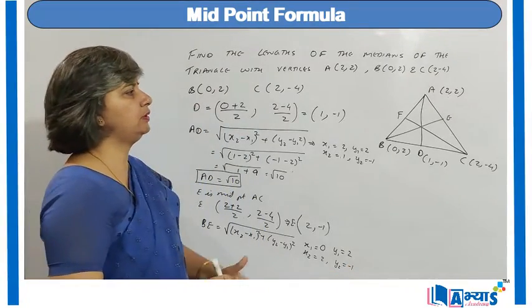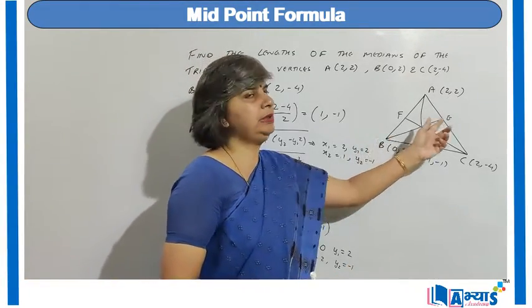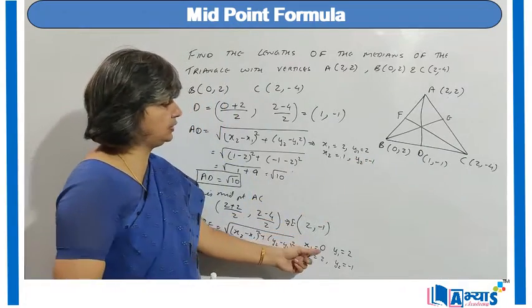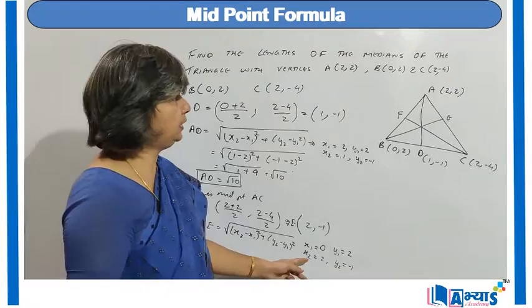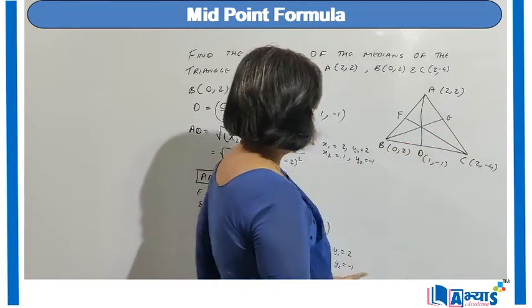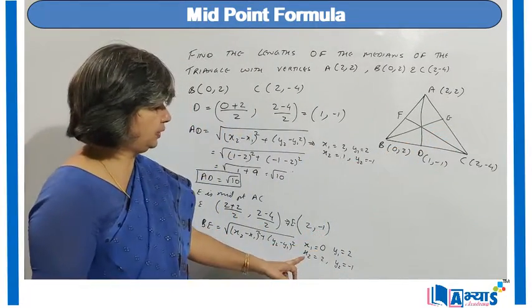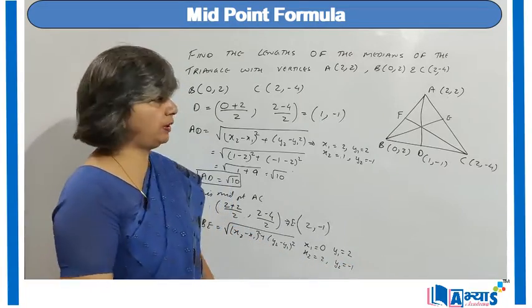Because we are considering the distance BE, B has the coordinates 0 and 2, so x1 is 0, y1 is 2. Similarly, the coordinates for E are 2 comma minus 1, so x2 is 2 and y2 is minus 1.